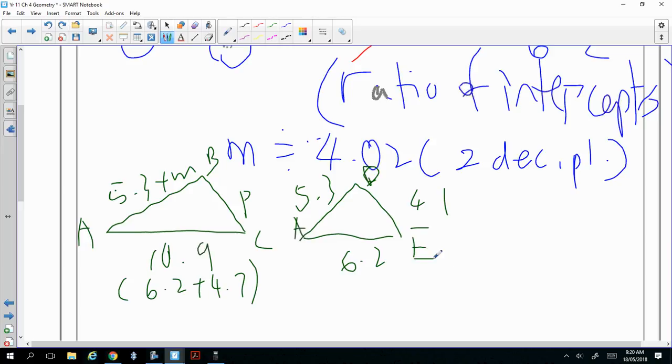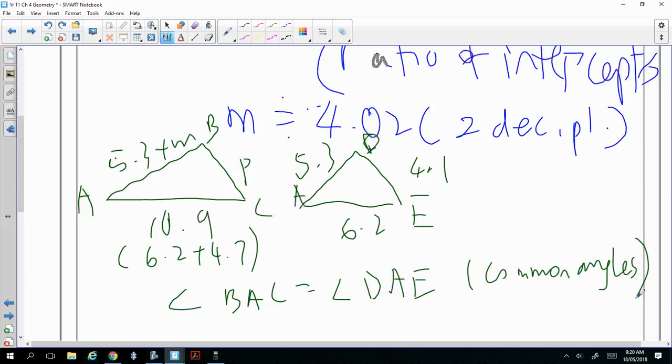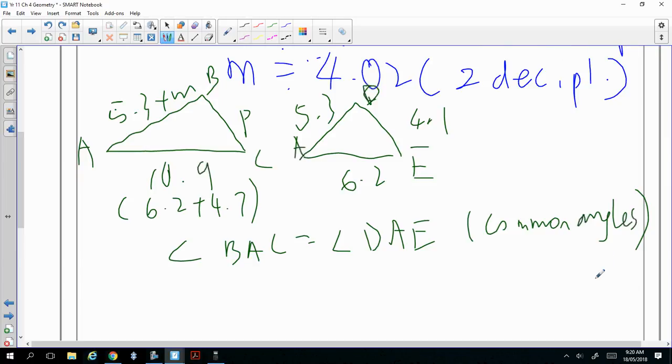So you say angle DAC is equal to angle DAE, common angle. As well as that, you also have parallel sides, so you say the corresponding angles are equal on parallel lines.